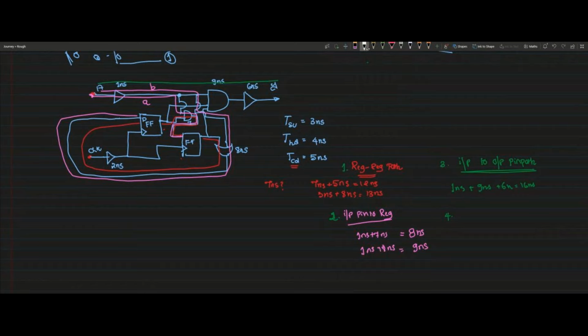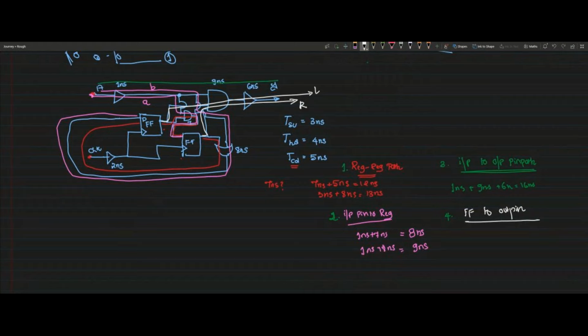This flip-flop is going, one is this path, which we can say K. And another path is this path. What is the delay of K path? Flip-flop to out pin, this is another path.